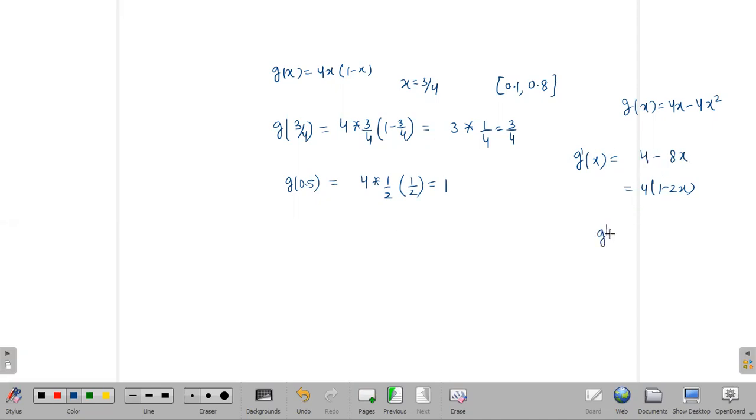And if I find its value at 0.8, it will be 4 minus 8 into 0.8. It should be less than 1, no? So what is its value? It is minus 2.4. Yes, it is not less than 1. It means this is also not correct.